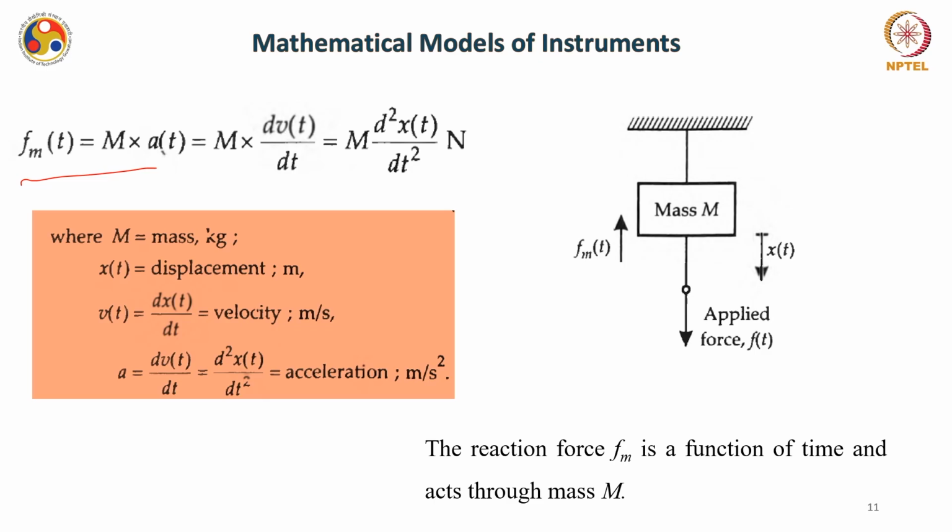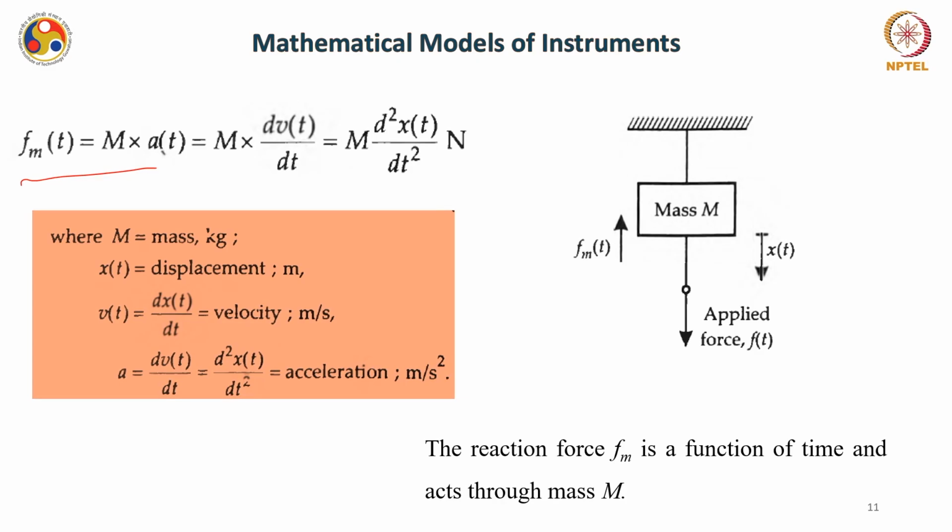So depending on what criteria you are using or what quantity you have to deal with in the later stages, okay, you can choose between acceleration, voltage, or position. Fine. So there can be a number of ways in which these mathematical models can be written for a particular instrument or part of the instrument, okay.